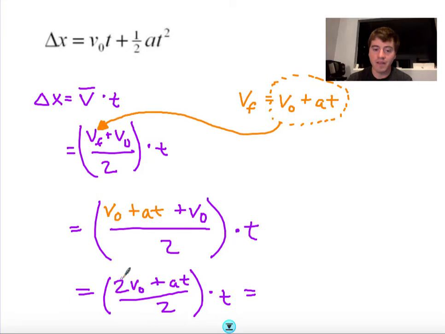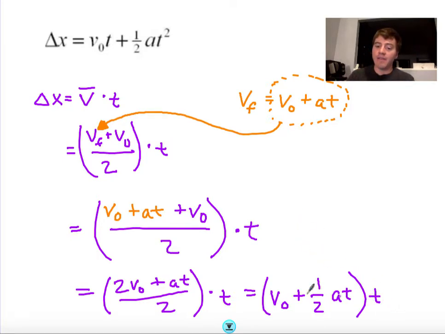Okay, well, we can divide each one of these guys. 2 initial velocity divided by 2 is just straight up initial velocity. And then acceleration times time divided by 2, that is 1/2 acceleration times time. And you see where we're going.